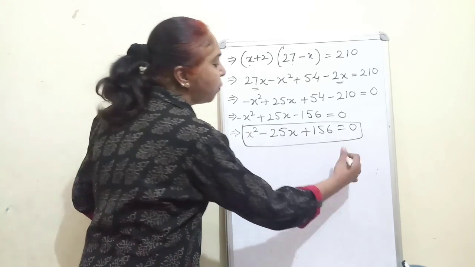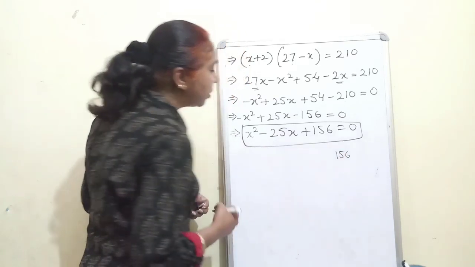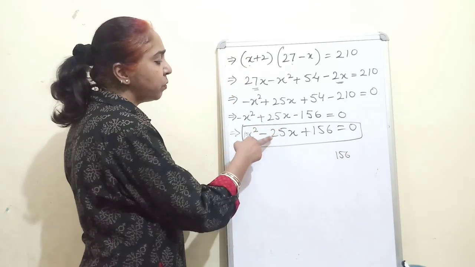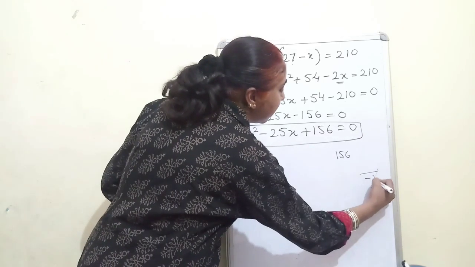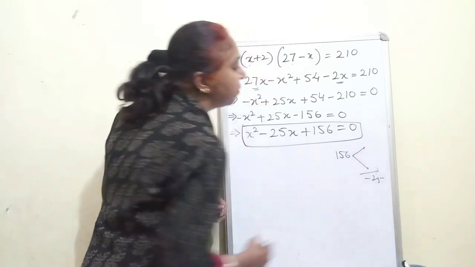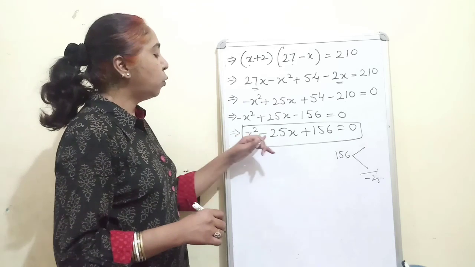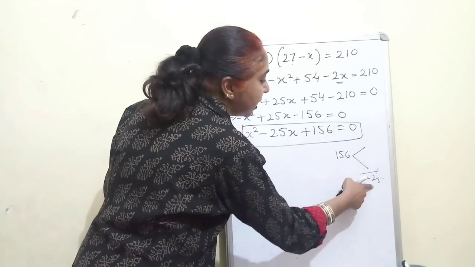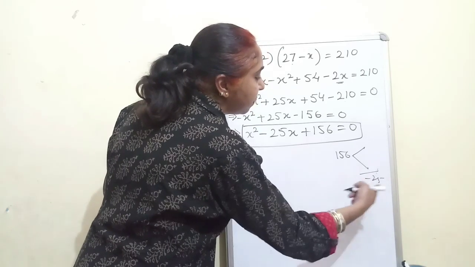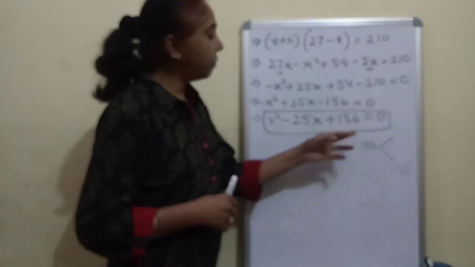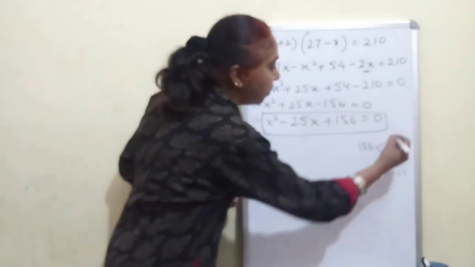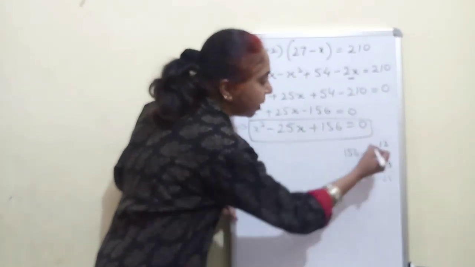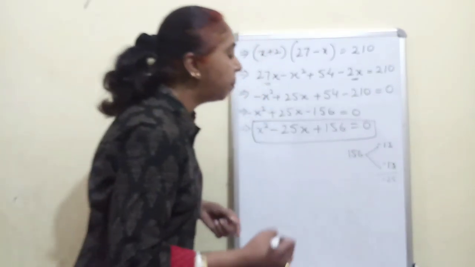I want the factors of 156 in such a way that the sum will be minus 25 and the product will be 156. So the two numbers whose product is this and sum is that. The factors of 156 will be 12 and 13, and I want it minus 25, so both will be of minus sign.